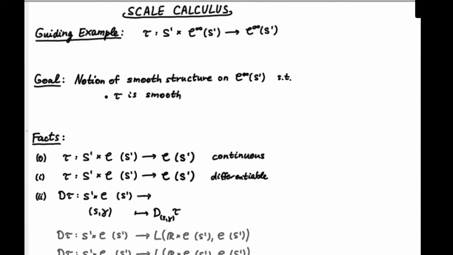Sorry. You can compactify C infinity to Banach spaces in many different ways. In particular, there's a whole scale of Sobolev or Hölder compactifications. Yeah, it's a discrete scale. Okay. Somehow.